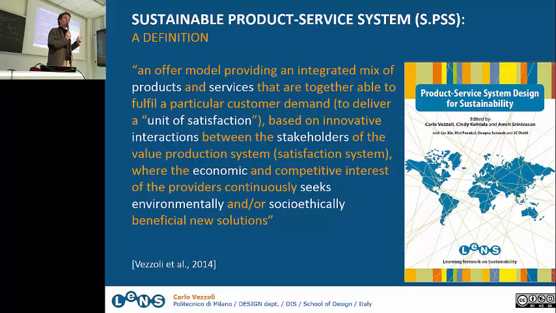And this is based on what? Another very important thing, based on the innovative interaction of the stakeholders that are part of the satisfaction system. Who's providing the product, maybe the energy that is used by the product, the final user, who's dealing with the waste management at the end of the life cycle, and so on.